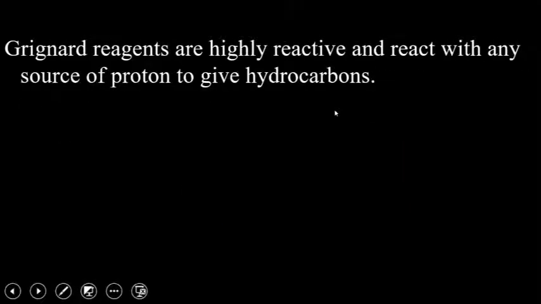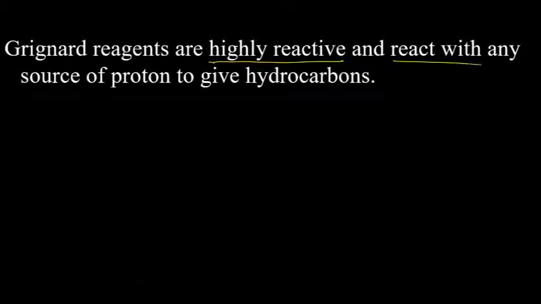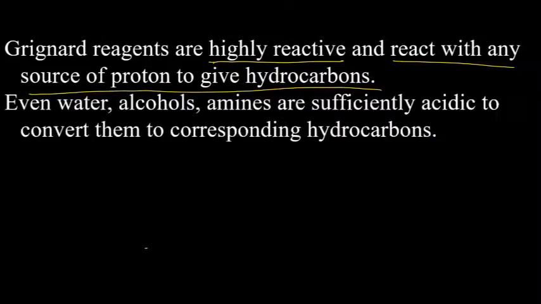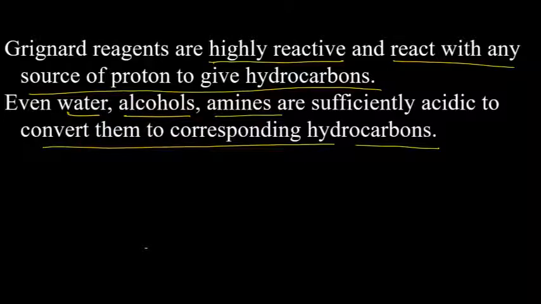So this plays a role. So Grignard reagents are highly reactive and react with any source of proton to give hydrocarbons. Even water, alcohol, amines are sufficiently acidic to convert them to corresponding hydrocarbons.